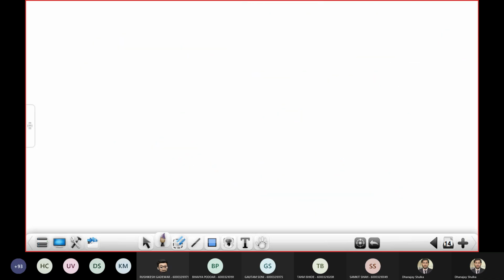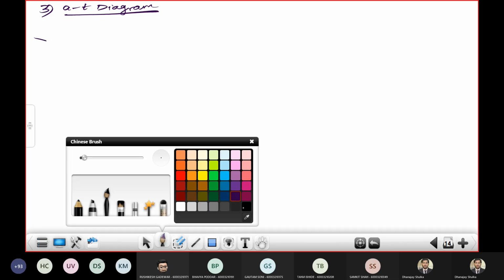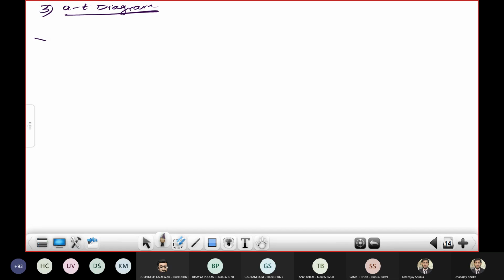Now next is what? AT diagram, correct na? Using AT diagram, what we can calculate? हाँ, AT diagram से हम लोग velocity निकाल सकते हैं, और क्या निकाल सकते हैं?